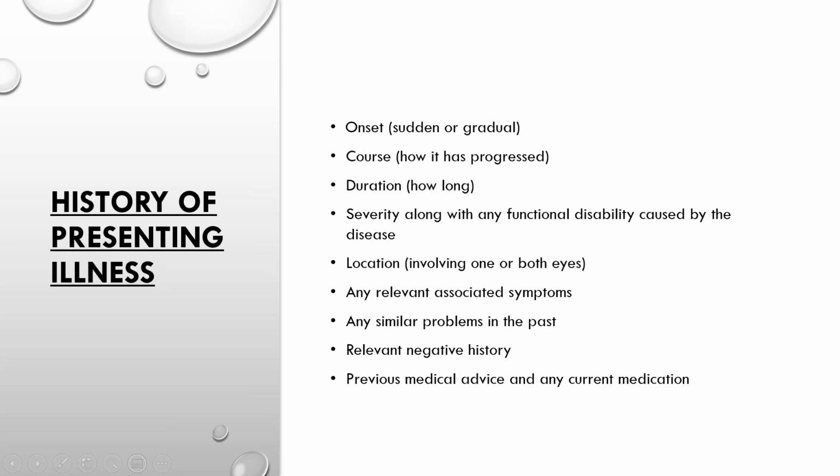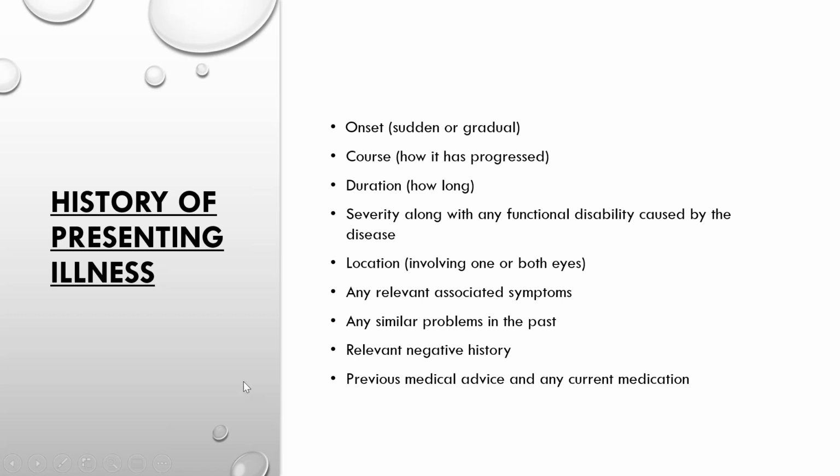So okay, there's something that probably would not change over the years. Or if it has reduced, then you can probably say, okay, for example, if the presenting complaint is distorted vision, and they say that, okay, I noticed it 2 months ago, but now it seems to have reduced, so it has spontaneously come down, probably it could be central serous chorioretinopathy. So the natural history of the disease, when you read it in theory, you will be able to relate it with the duration or the course of the disease, right?